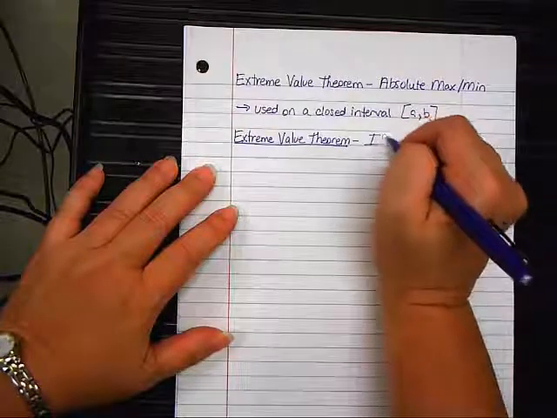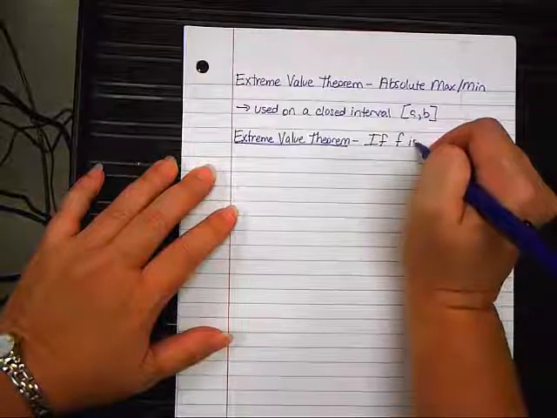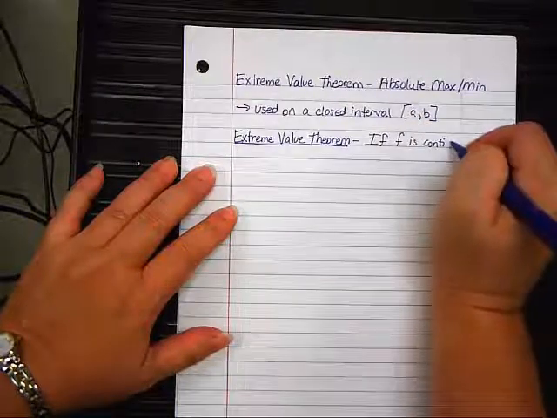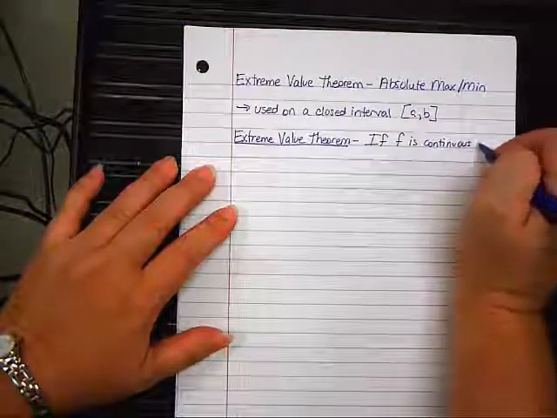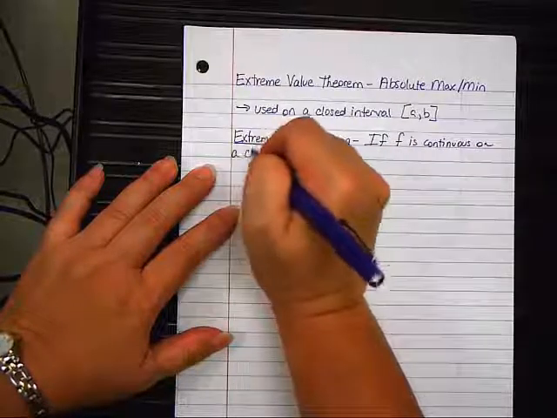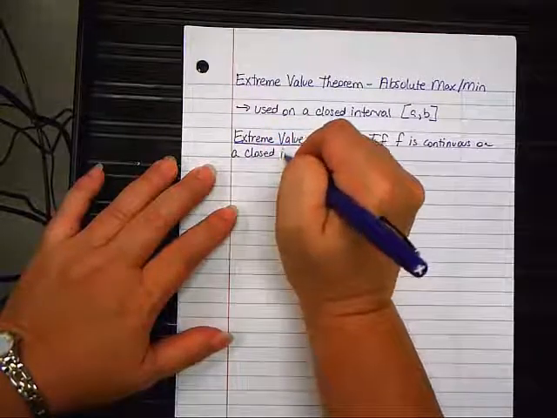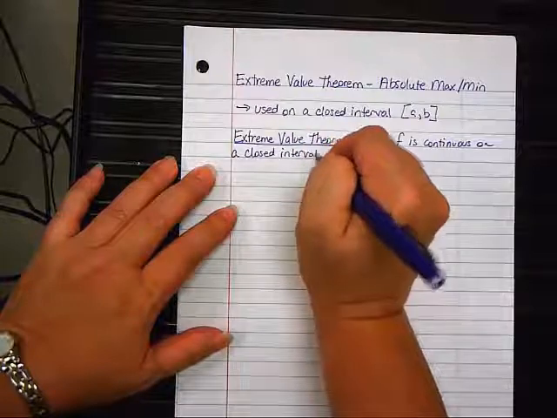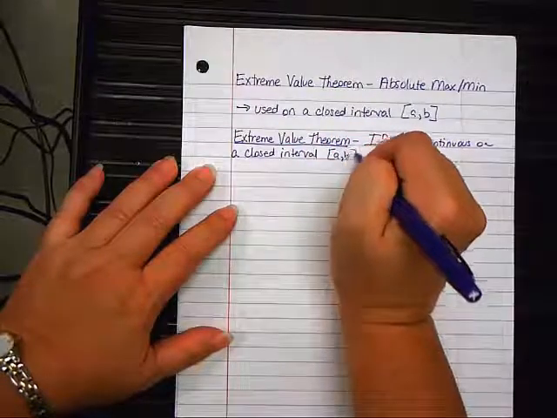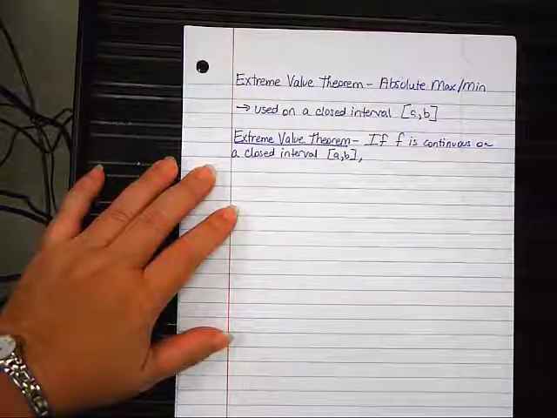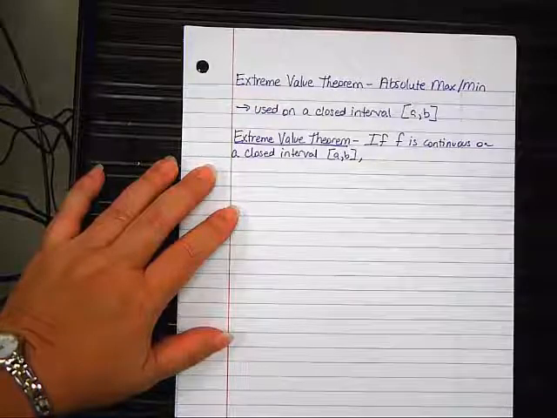It says, if f is continuous on a closed interval, bracket A, comma B, bracket, and then a comma afterwards. And I'll wait for you to catch up.